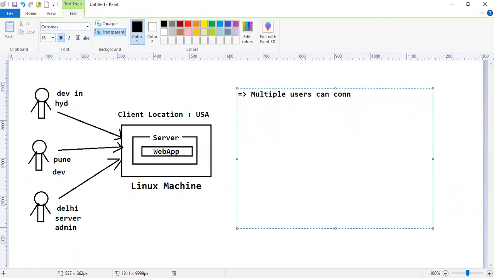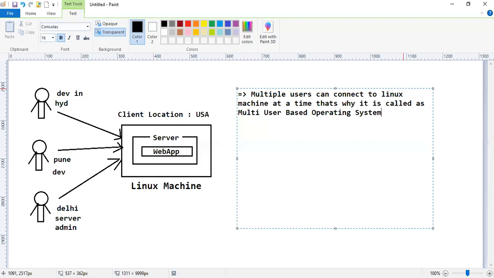Multiple users can connect to the Linux machine at a time. That's why it is called a multi-user based operating system. Multiple users can execute multiple applications.